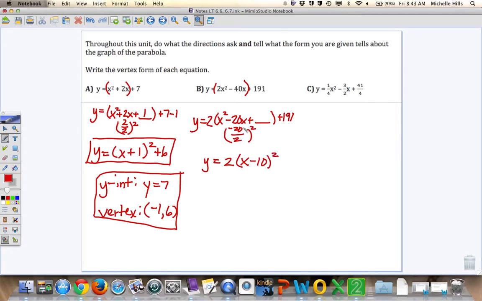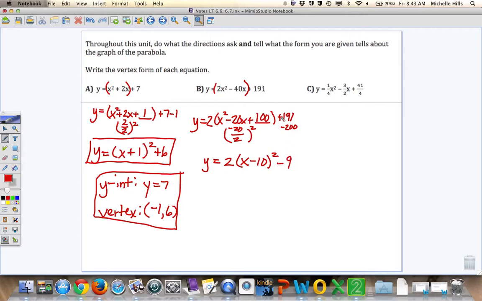When I square negative 10, I get positive 100. I'm not just going to subtract 100 out here. Think about what this is: this is really 2 times 100. So I really added 200 to that side of the equation, and I'm going to have to subtract 200 to maintain the balance.